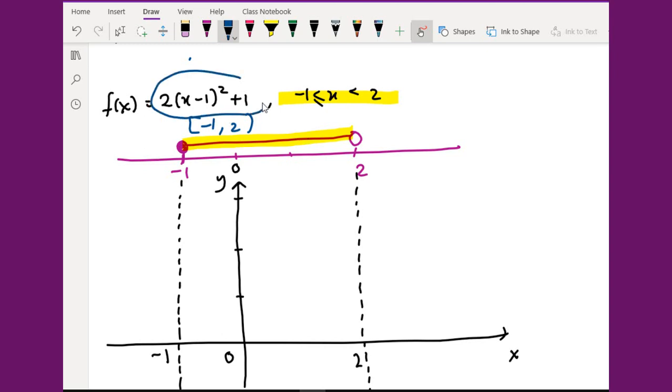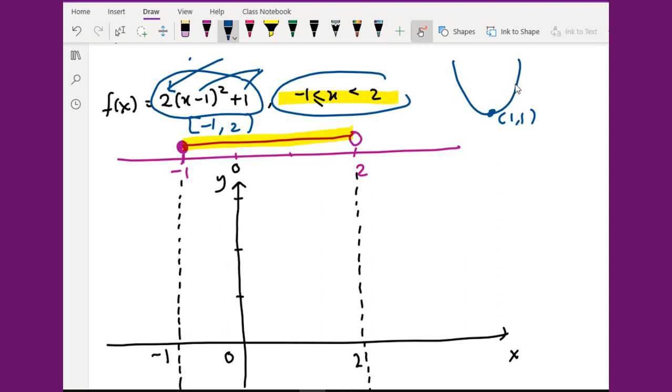Since a is positive, the graph is a smiling graph, and it has the minimum value when x is equal to 1, y is 1. But now within this domain, you sketch only part of the graph, depending on the given domain. No graph on the left-hand side and also none on the right-hand side.